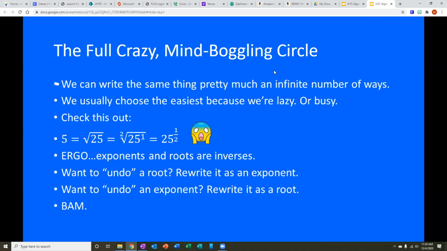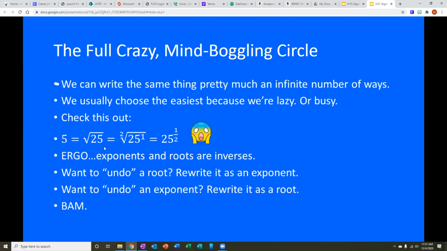Or the better word would probably be busy. We're busy. That's why we don't have time to do it any other way. So here's what this means. I can write the number 5 the way we normally write the number 5, which is the number 5. I could write the number 5 this way, radical 25. That still has a value of 5.